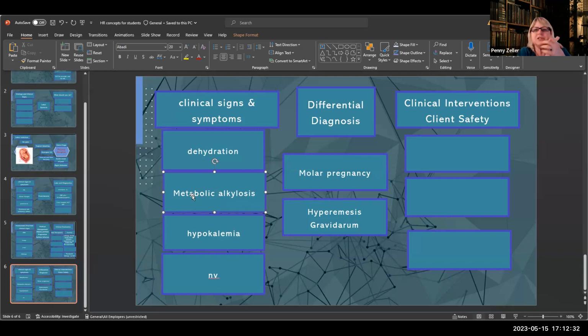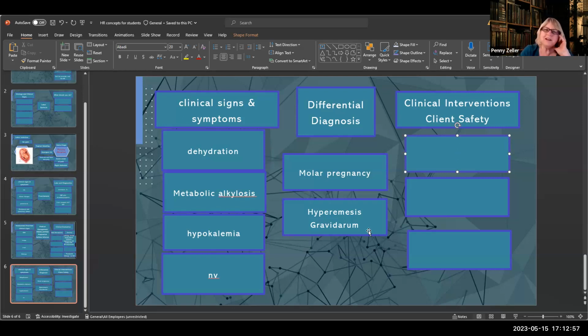So dehydration, hypokalemia. Okay, so what are some early interventions for either one of these clients? Think about client safety. What would you want to do? Now, this is not a position change. What are you thinking of?